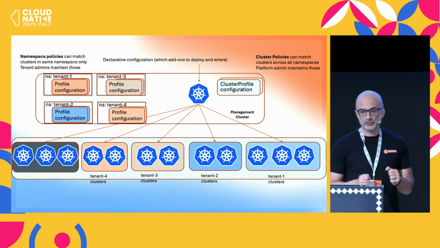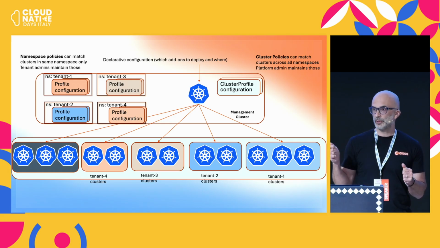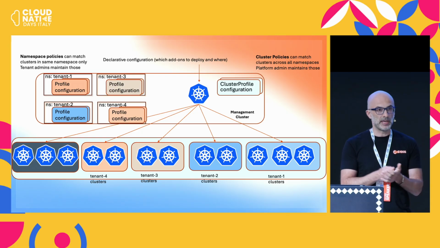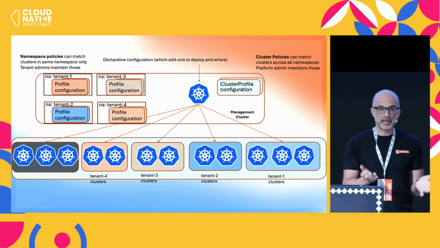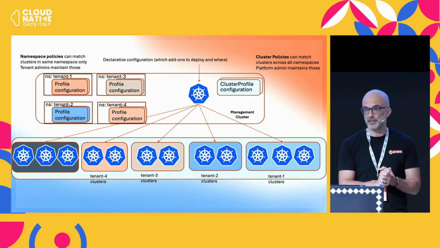Yet I can allow each of those admins, using the proper Kubernetes RBAC, to come to the management cluster and manage from a single place all the clusters that they own. So for instance, I can say that the tenant 1 admin has a namespace which is reserved for him. And in this namespace is where all the managed clusters that belong to tenant 1 are represented.